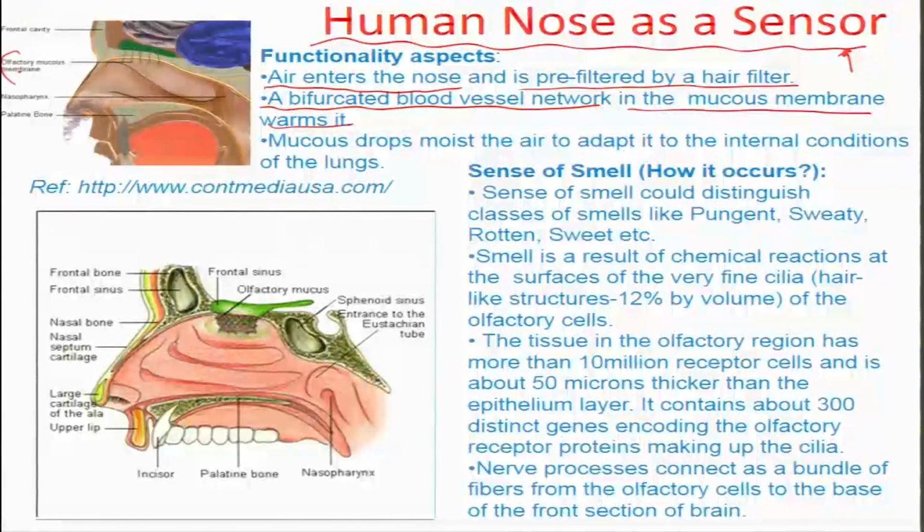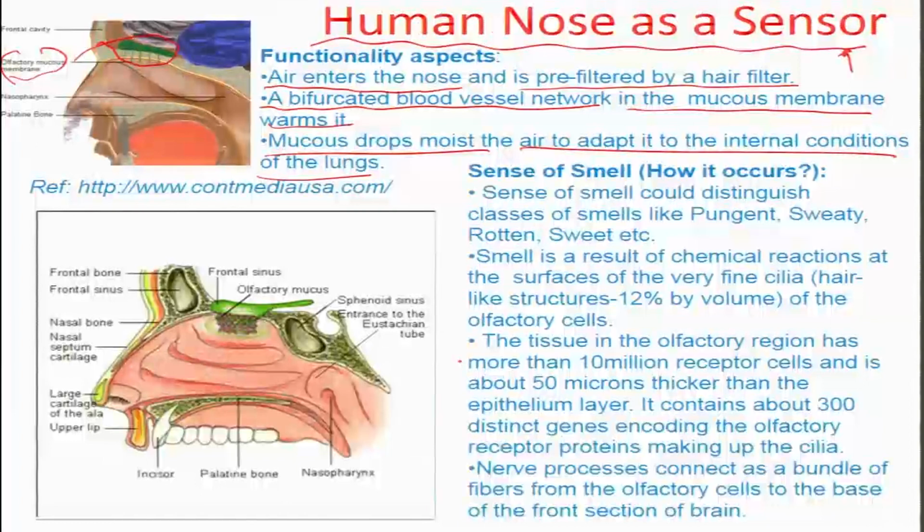This olfactory mucous membrane, as you can see here, is in the nasal passage, and what the mucous membrane does is moisten and condition the air to adapt to the internal conditions of the lungs. So, there is a pre-filtration followed by a moistening, and then the air finally enters the nasal tract, into the lungs, and you get different senses, the sense of smell, for example.